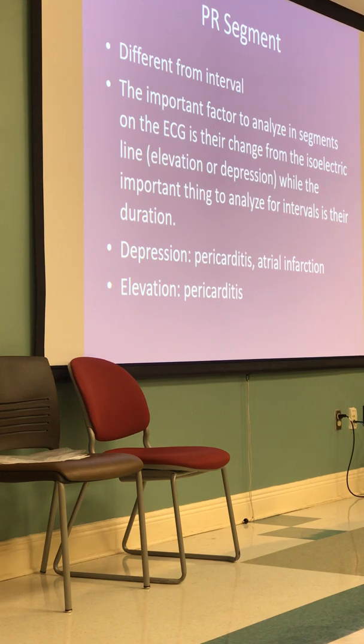Time it takes the stimulus to get from where? Atria to ventricle. Elevation, the one time you ever have a PR segment elevation is in pericarditis. Depression usually indicates it can be pericarditis or atrial infarction.